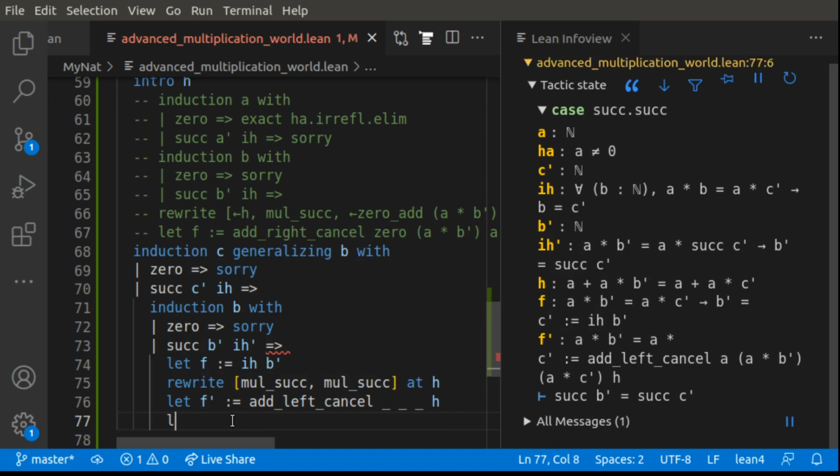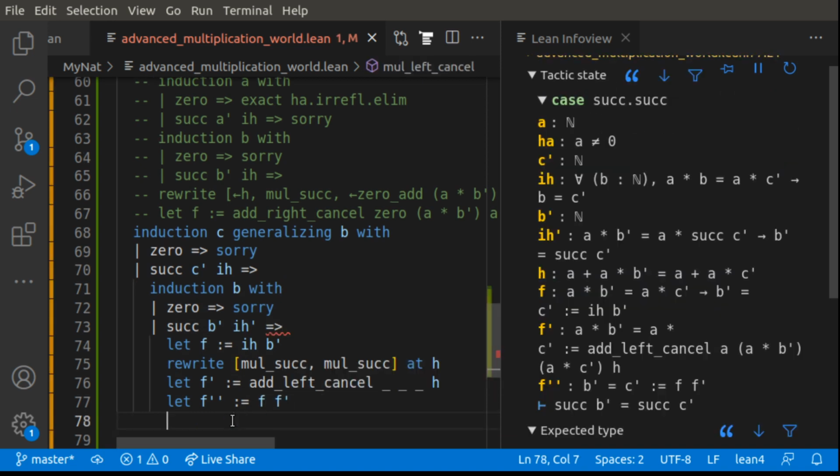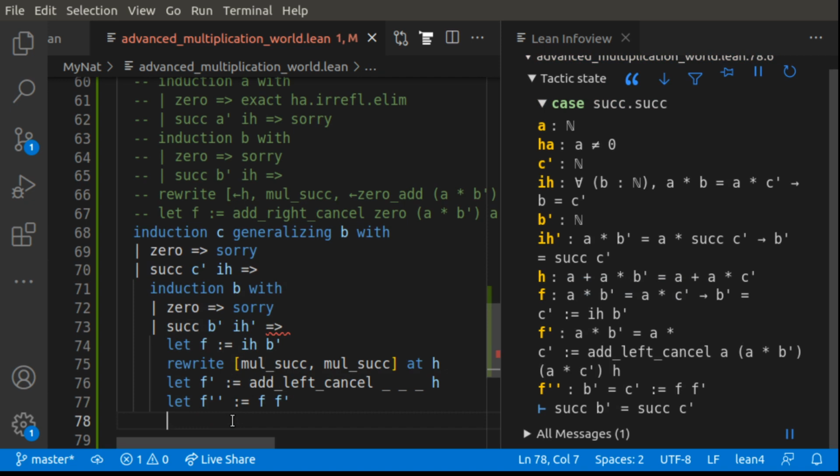We can let F double prime be defined F of F prime. F double prime is B equals C prime. Oh, nice. Okay. We're so close. Yeah.